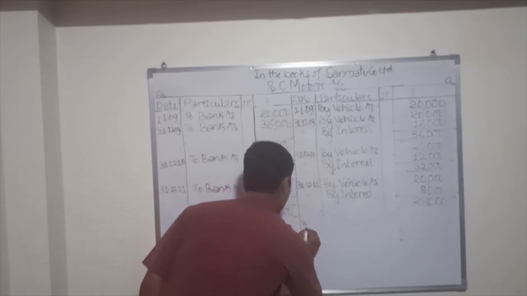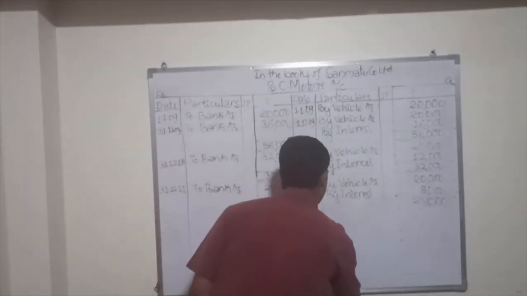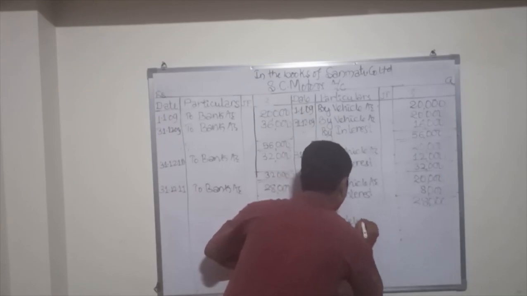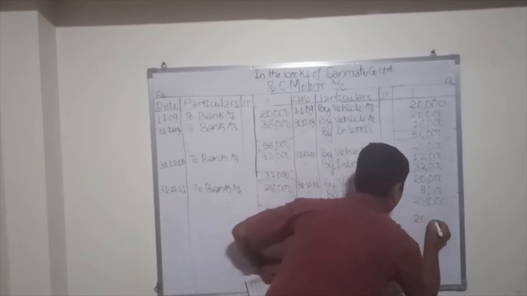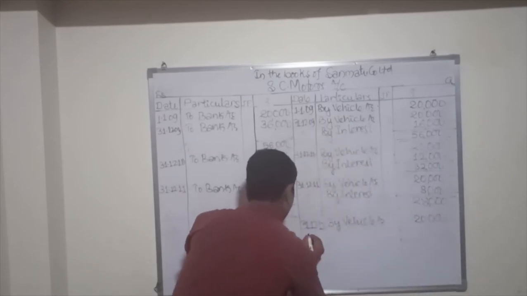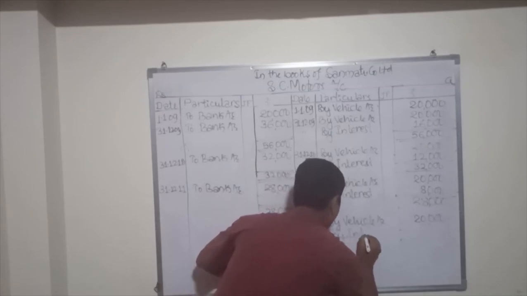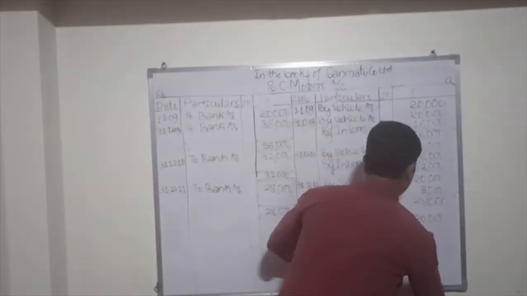When the final installment is due on 31/12/2012, the entry will be vehicle account debit, interest account debit to SC Motors. So SC Motors is credited by vehicle account 20,000. Then on the same day, by interest 4,000.